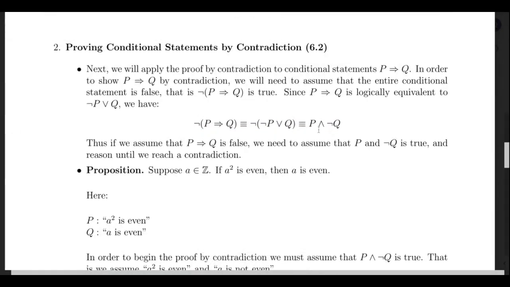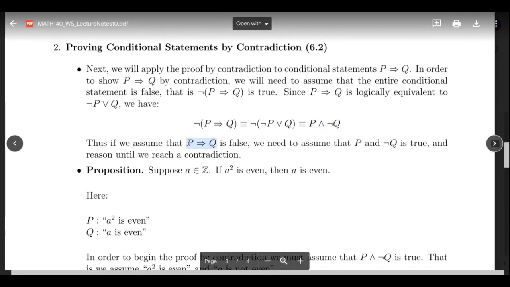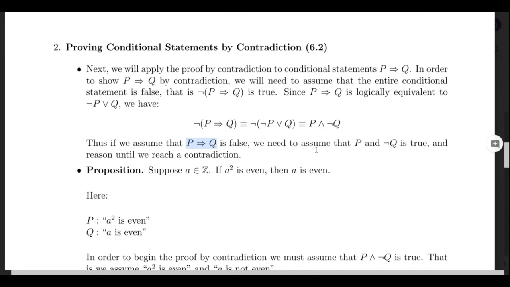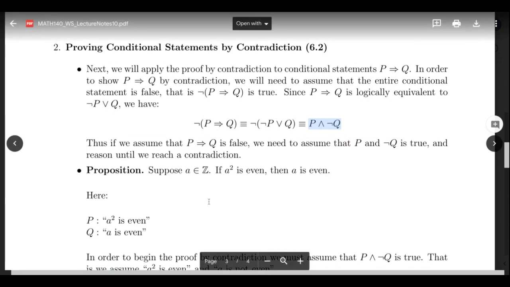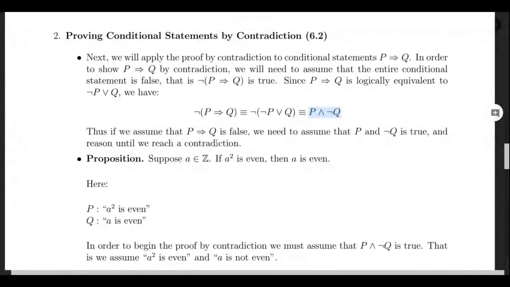It's the same as proving P and not Q. So if we assume P implies Q is false, we need to assume that P and not Q is true. So we want to assume this is true, then reason until we reach a contradiction.